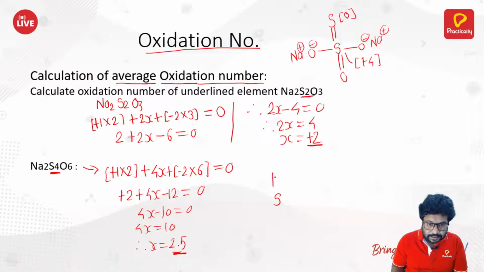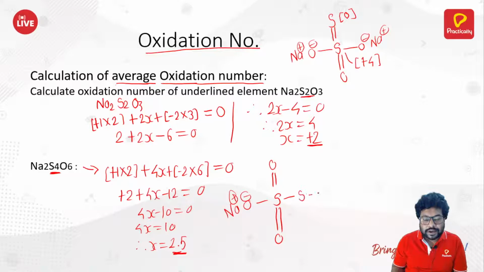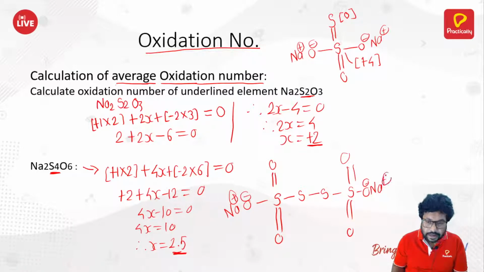See, S double bond O double bond O minus Na plus. Then you have a sulfur double bond O minus Na plus. So if you look at this sulfur, the left side sulfur has formed 5 bonds with the oxygen atoms.